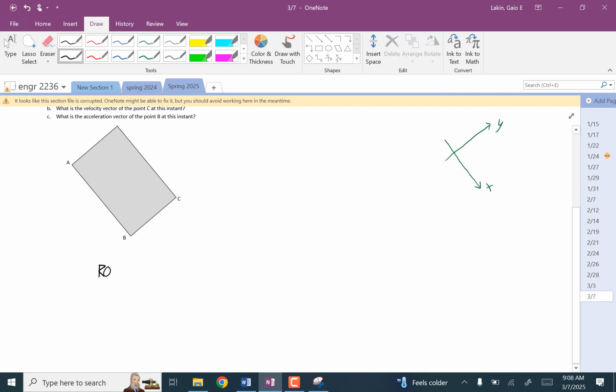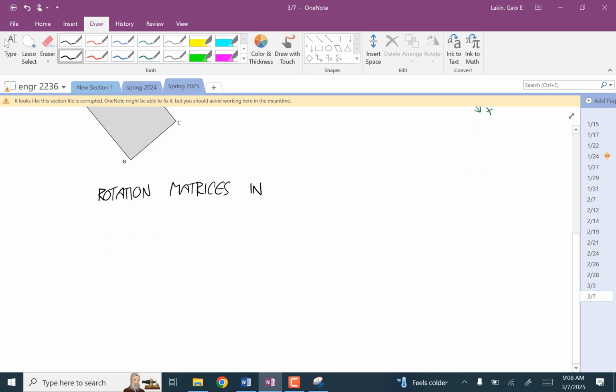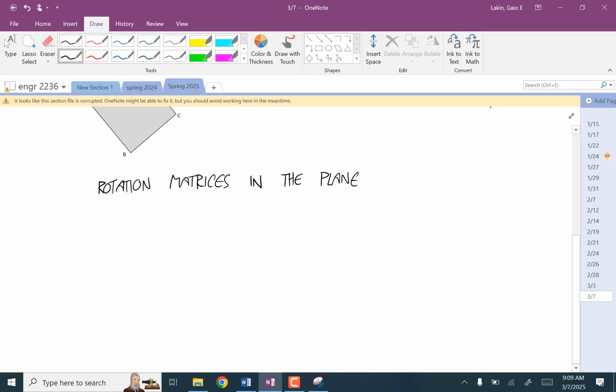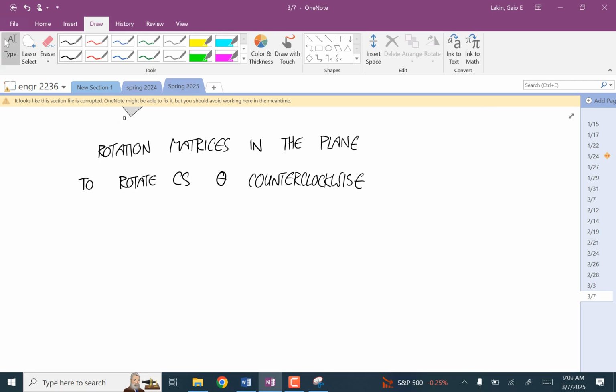So let's think about rotation matrices. To rotate the coordinate system an angle of theta counterclockwise, you're going to use a rotation matrix like this.